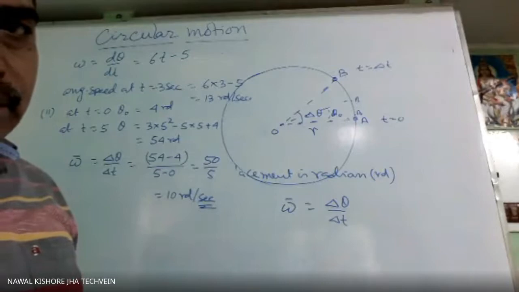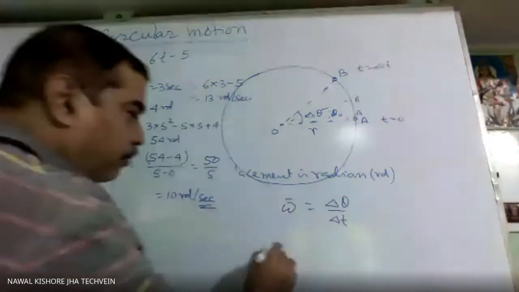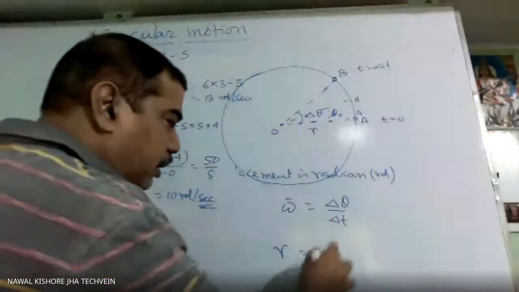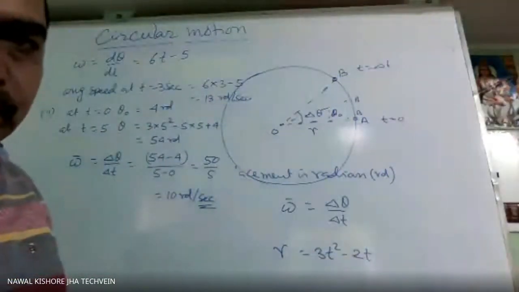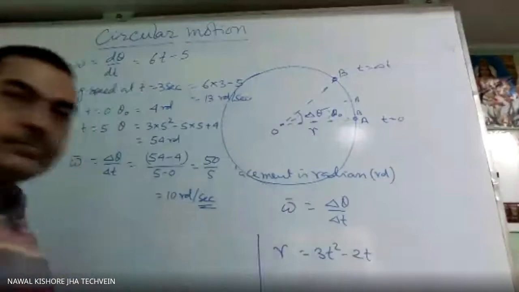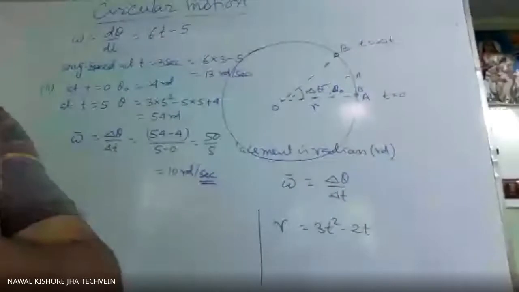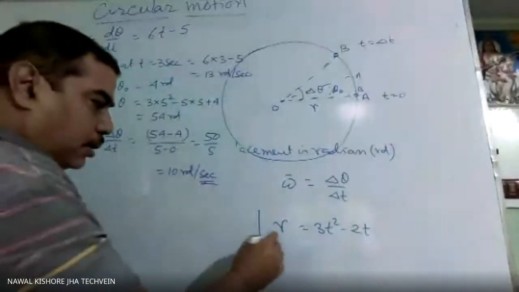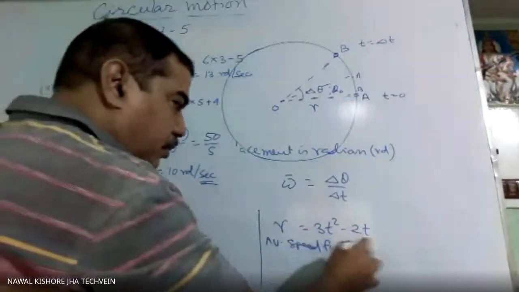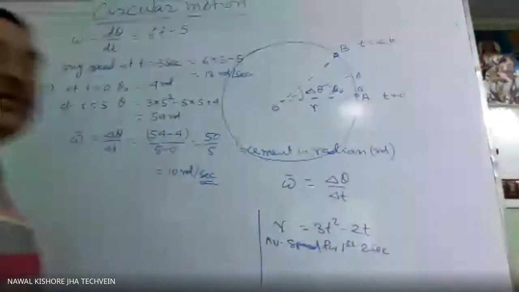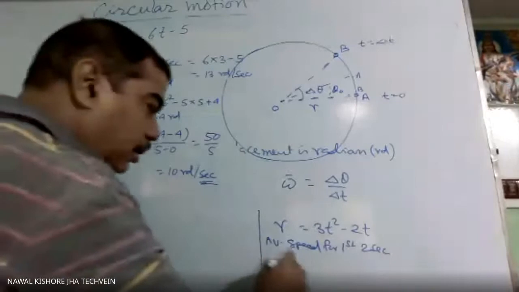Understood? Yes, sir. Like you are taking, suppose this R is given as 3t square minus 2t. Then how will you find the average speed for the first 2 seconds? First 2 seconds means from 0 second to 2 second. So what is delta R?